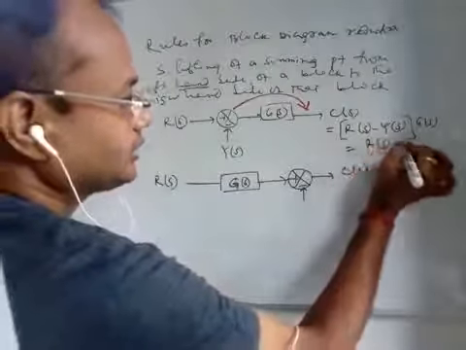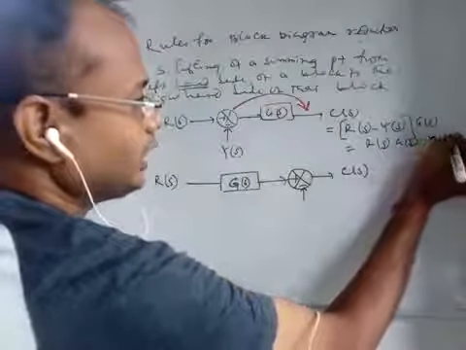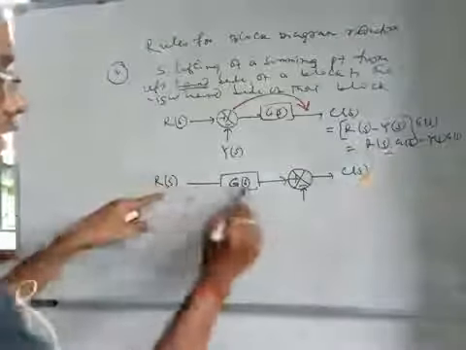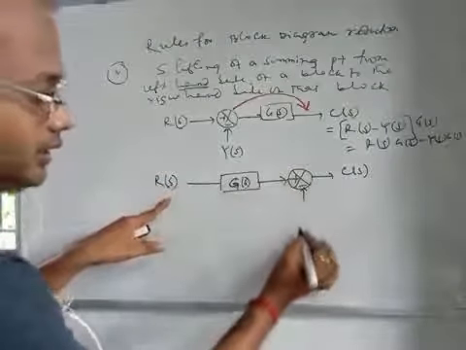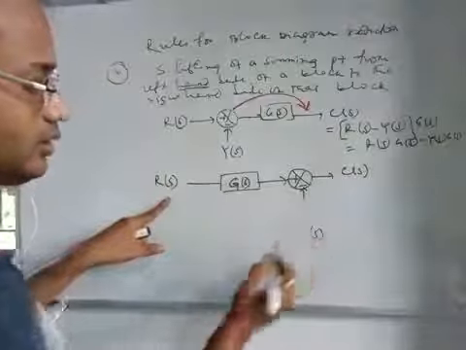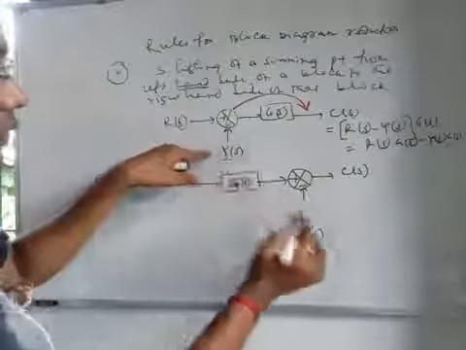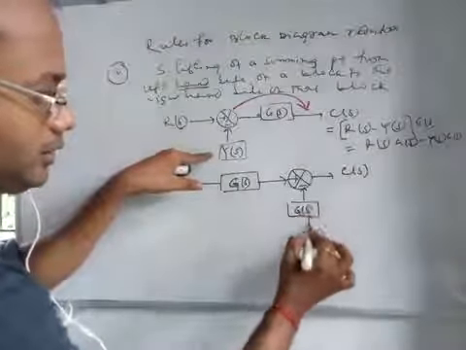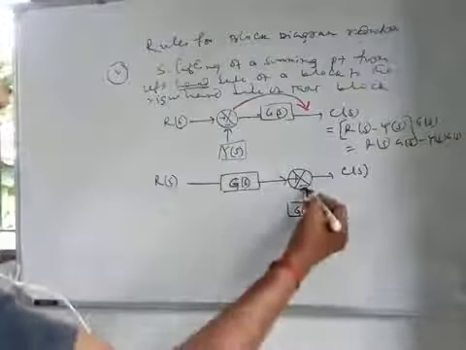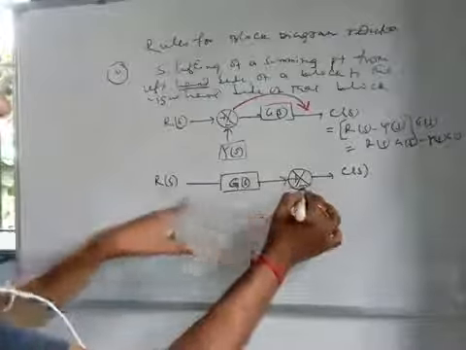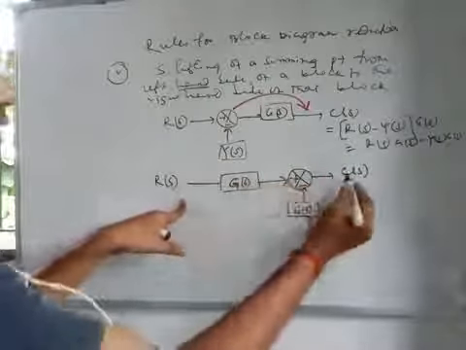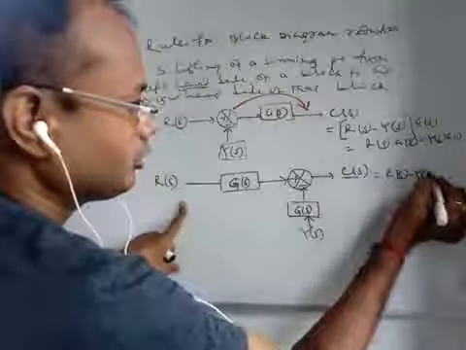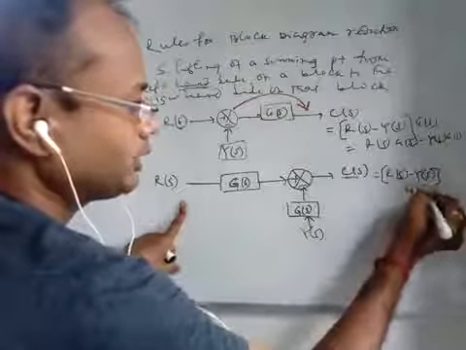You directly get RS GS here, and this YS will remain the same, so you have to multiply this with GS. Here you get YS into GS, here you get RS into GS. So ultimately CS remains RS minus YS into GS.